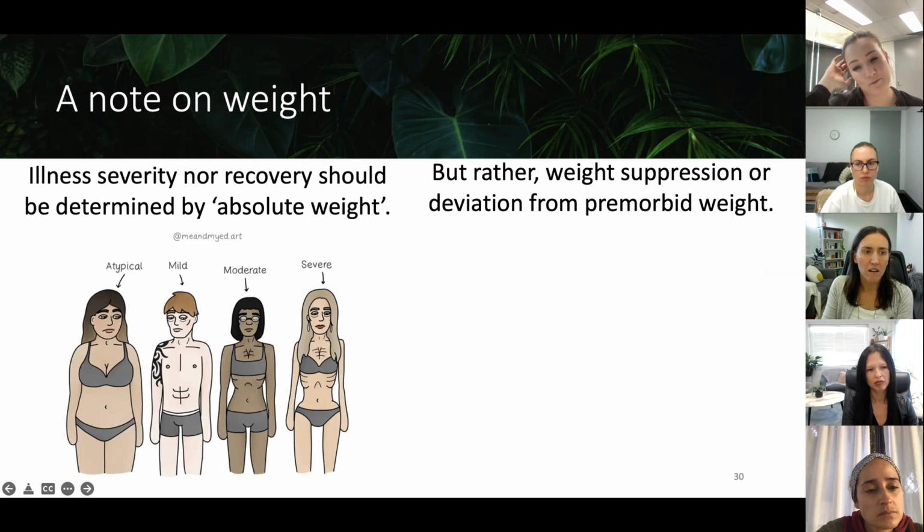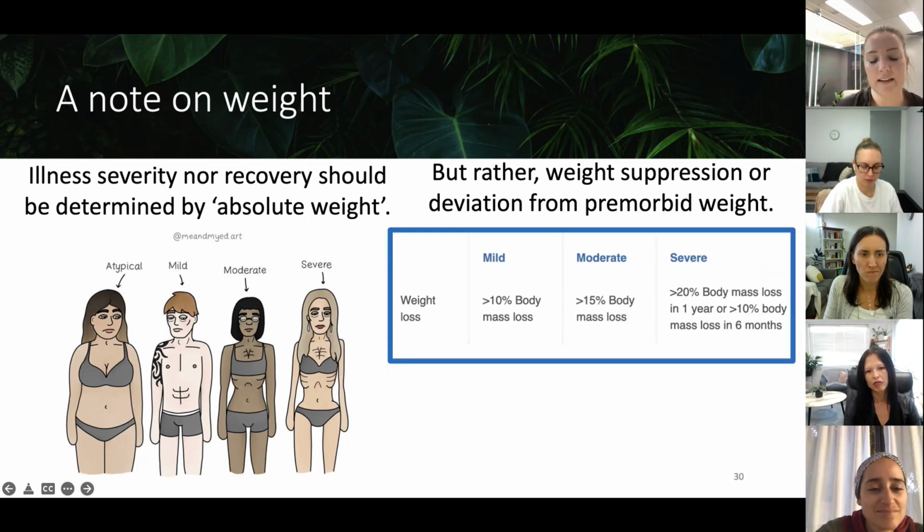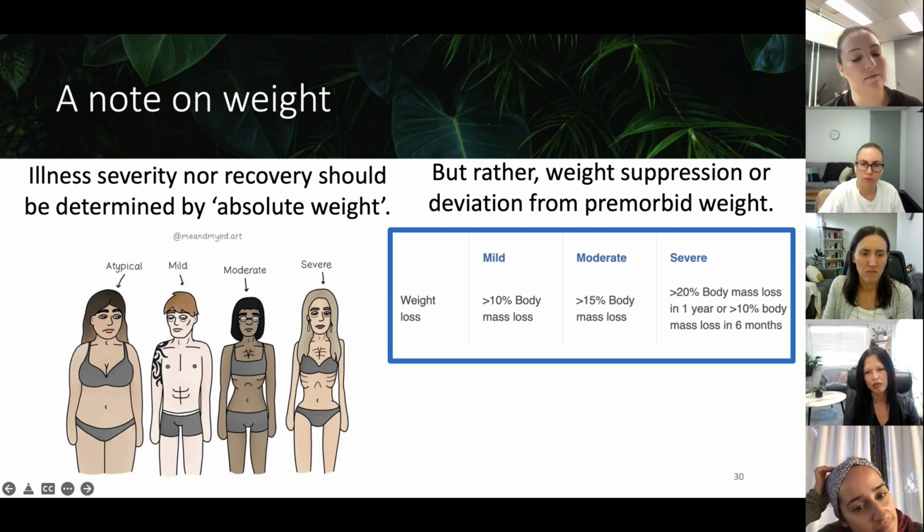So the textbook does still regard underweight as a BMI below 18.5. Unfortunately, so do many of the other CBT textbooks for eating disorders. But in our clinic, we think more about severity around what percentage of weight somebody has lost. So if someone has a BMI of 25, but they were pre-morbidly a BMI of 35, in our clinic, we classify them as being underweight.